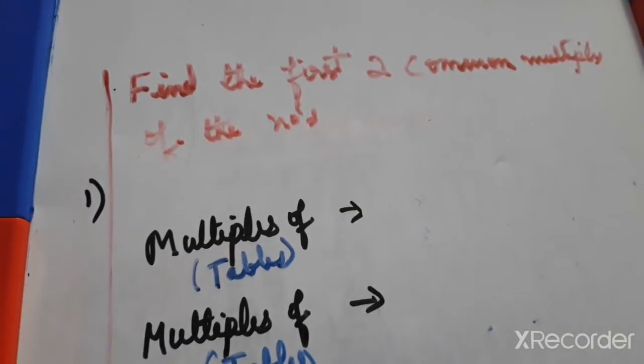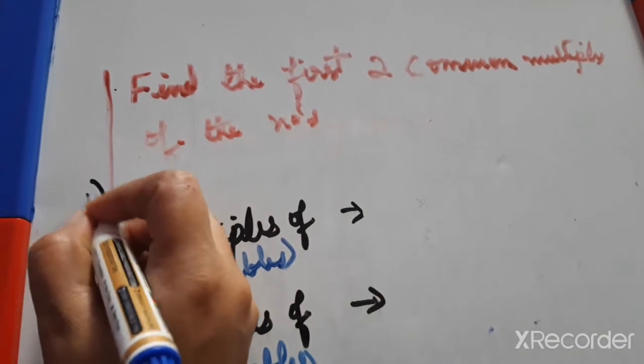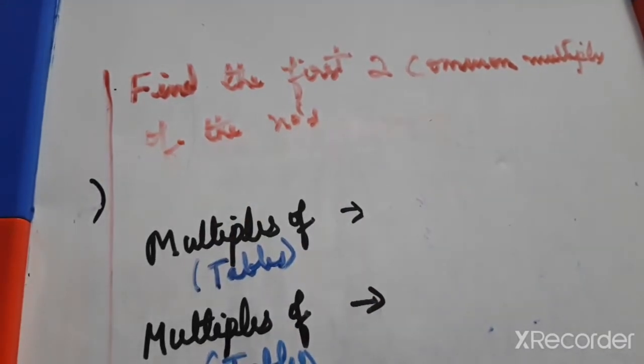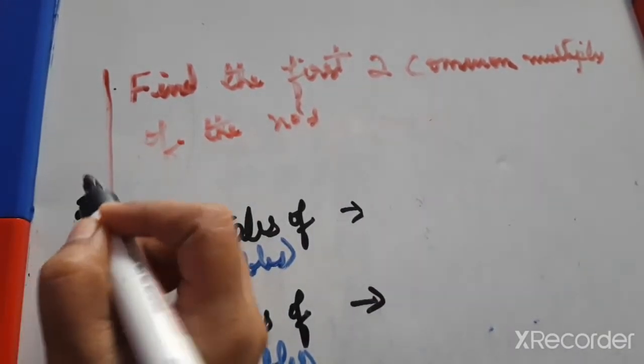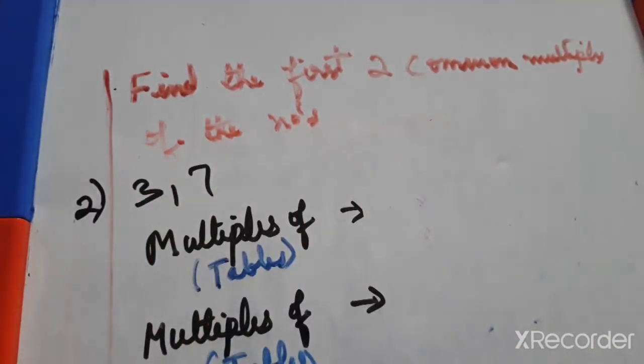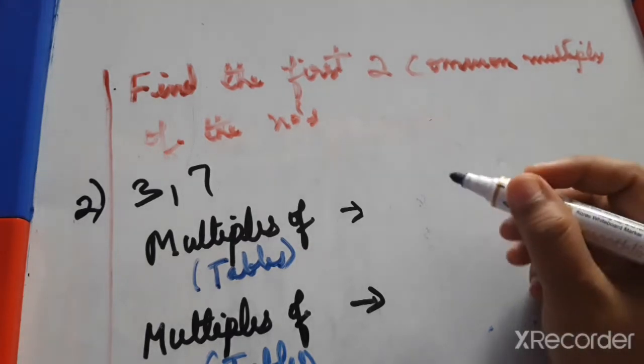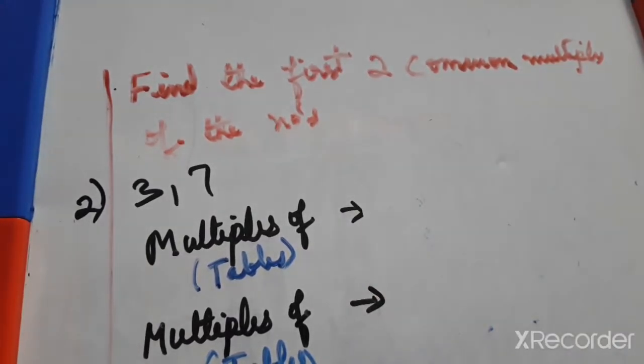Now second question, 3 and 7. We want two common multiples of 3 and 7. So we have to write the multiples of 3 and the multiples of 7, which means the tables of those numbers.